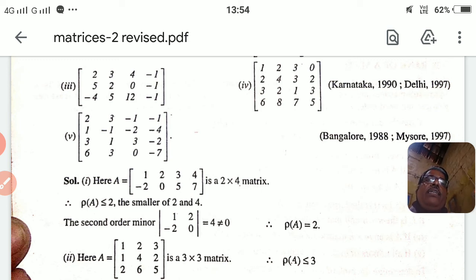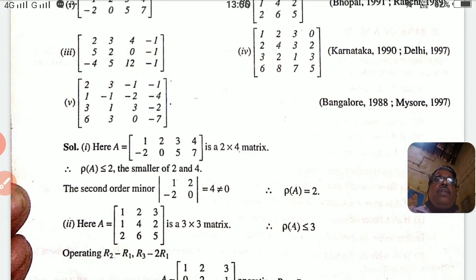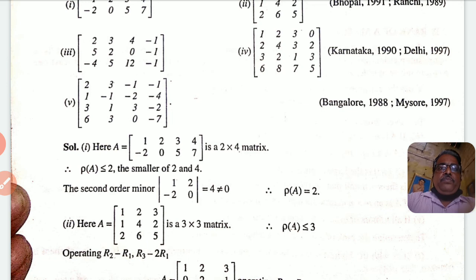Here m is 2 and n is 4, so the minimum of 2 and 4 is 2. Therefore the rank of this matrix is always less than or equal to 2.